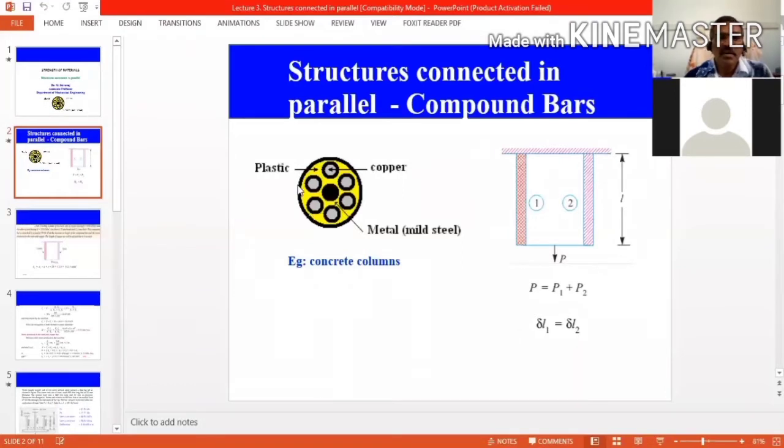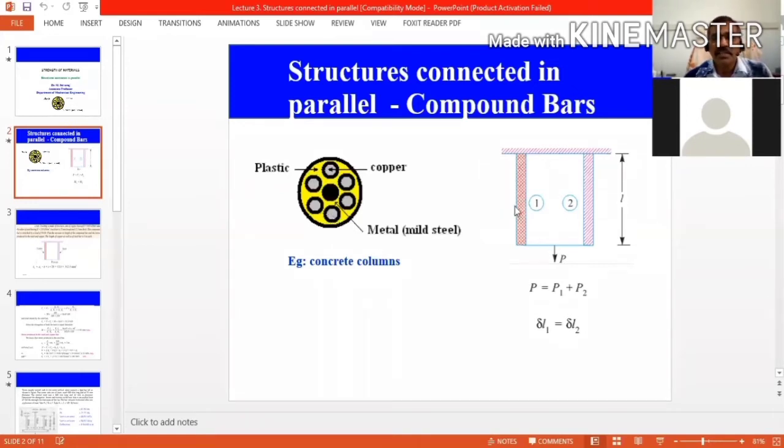Here, the concrete and the metal rods are joined together. It's a composite beam, a compound bar. Both are integrally joined together. When load is applied, one cannot deform separately. Both deform together when load is applied.